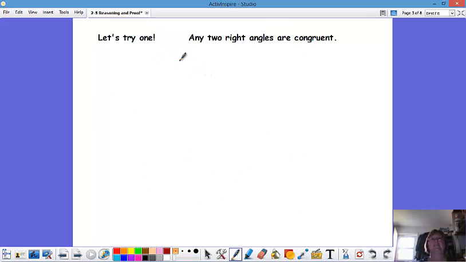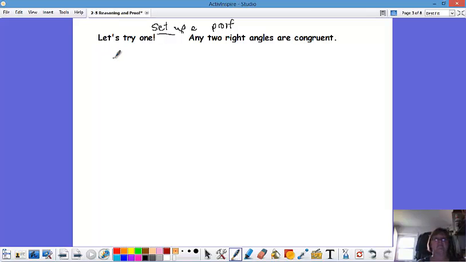What it says is any two right angles are congruent, and we are supposed to set up a proof for this. Okay, we're setting up today, not writing. Okay. So the first step said we should rewrite this as a conditional, and I would say pause this video.